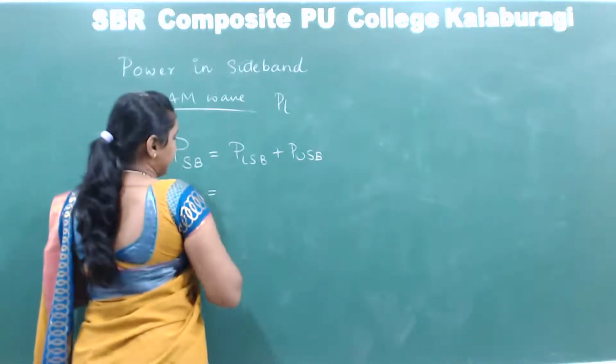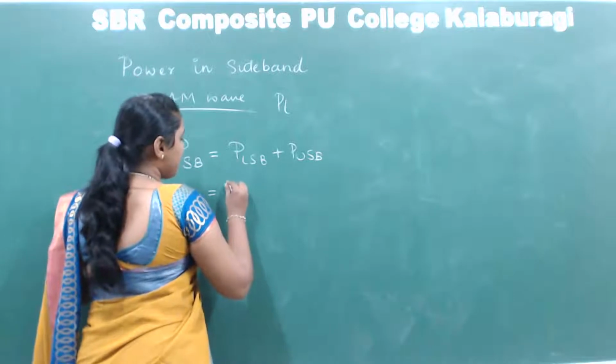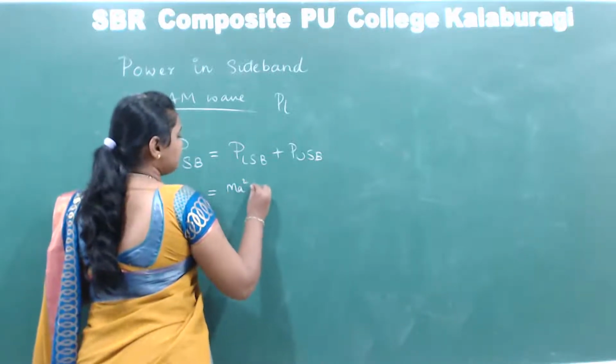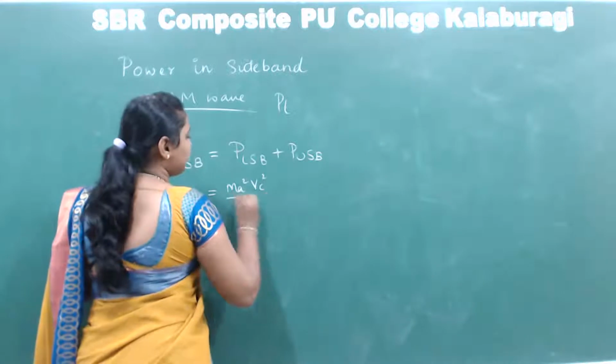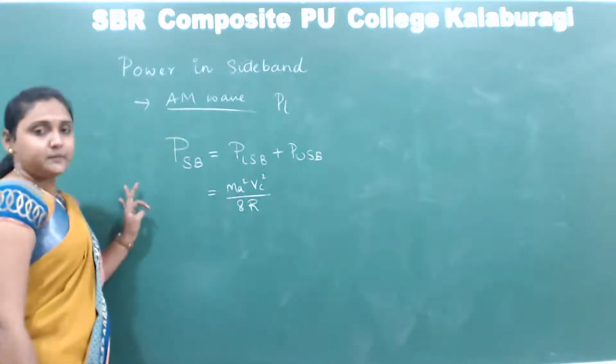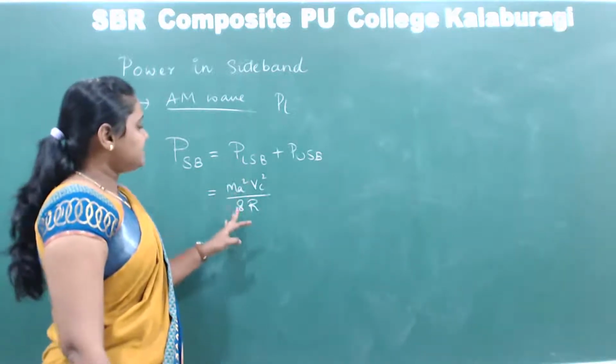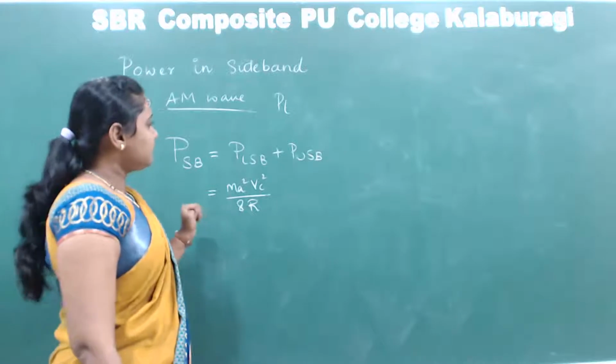So this can be written as, how can it be written? MA square VC square by 8R. This we have already derived in the PT, and how we have taken the RMS values of the sidebands. Okay, so how to take the RMS values?